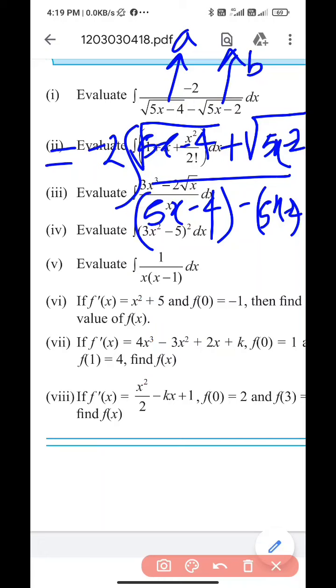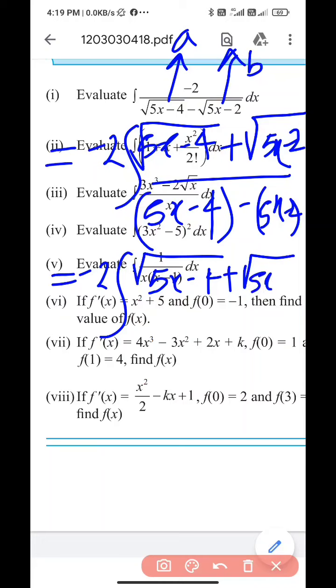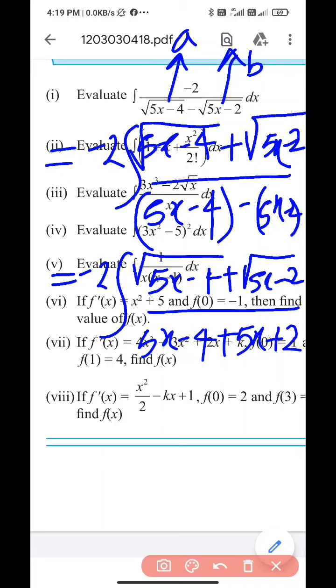Okay, so the next step will be -2 as it is, square root 5x minus 4 plus square root 5x minus 2, divided by 5x minus 4 minus 5x plus 2, right?